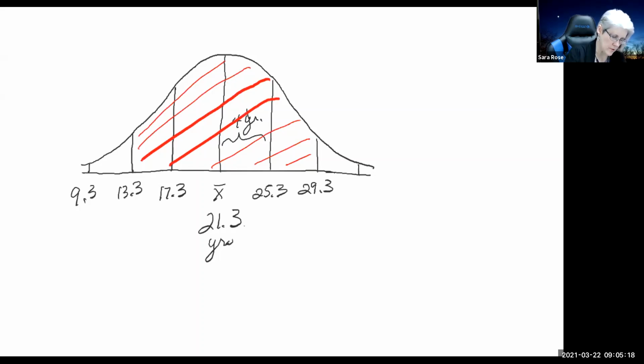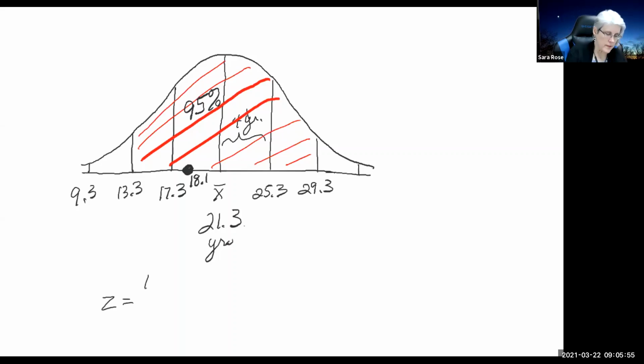And do that in a different color so it shows up. Okay. But then we talked about how you can convert this to a z-score to find out, say, if one of you is 18.1 years old. So somewhere in here. 18.1. I'll make it big and fat so I cover it. What would be the z-score for 18.1?